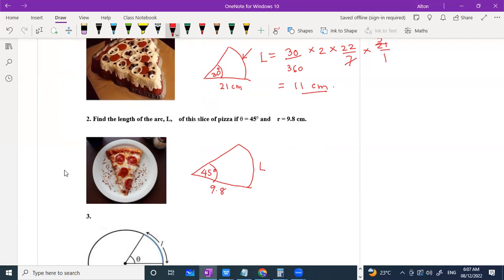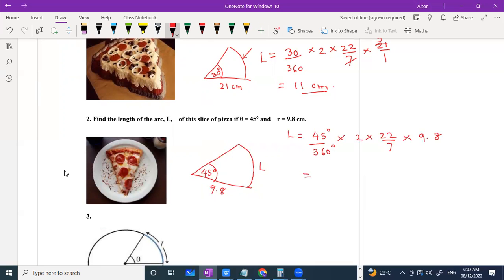So we go back to the formula. Arc length is theta, the angle, over 360, right? And so in that case, it's 45 over 360, and we multiply that by 2 by 22 over 7 multiplied by 9.8.